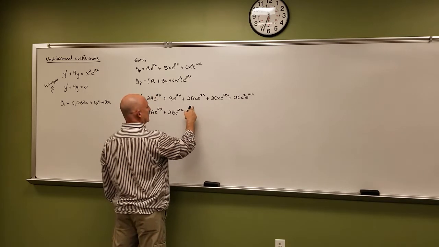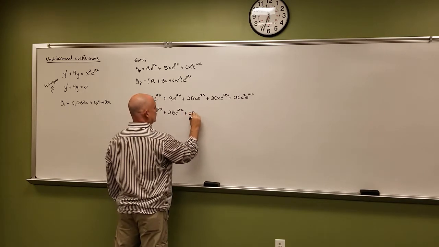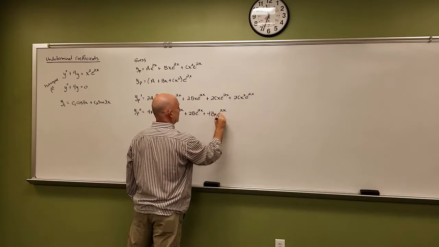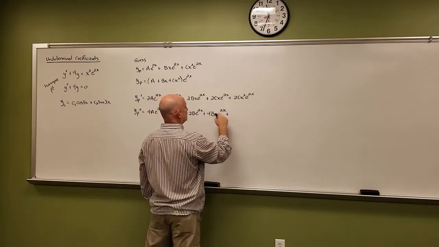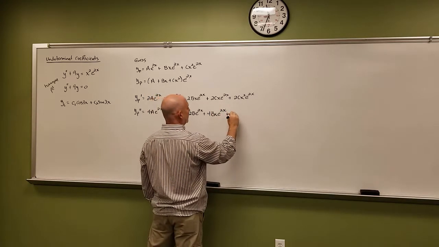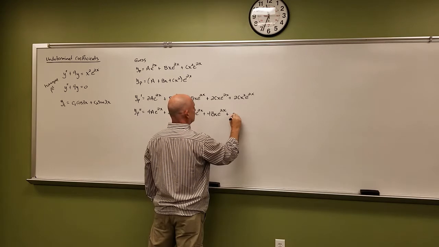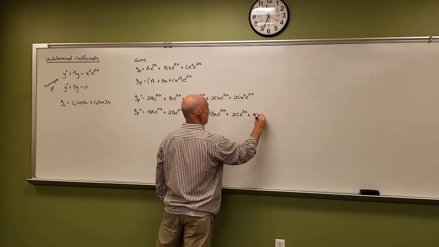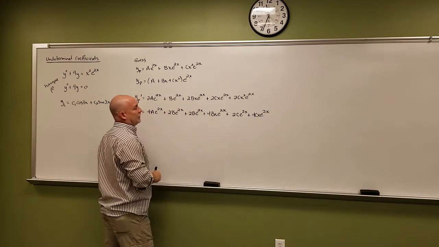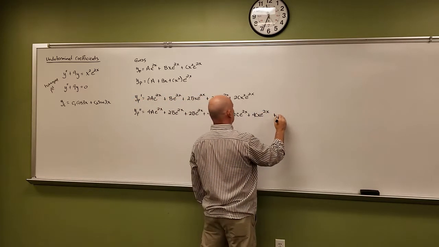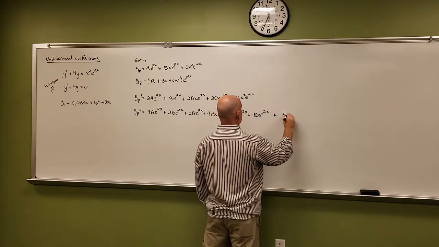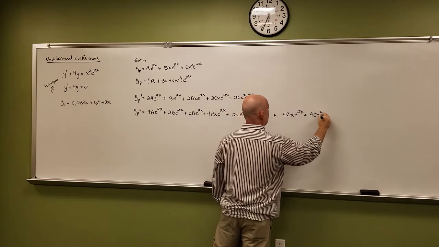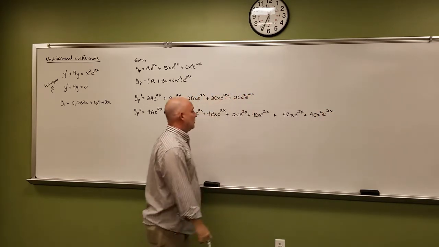So this is going to be 2b e to the 2x, 4bx e to the 2x, plus product rule here, that's going to be 2c e to the 2x plus 4cx e to the 2x. And the last product rule is going to be 4cx e to the 2x plus 4cx squared e to the 2x. Ooh, what a mess.